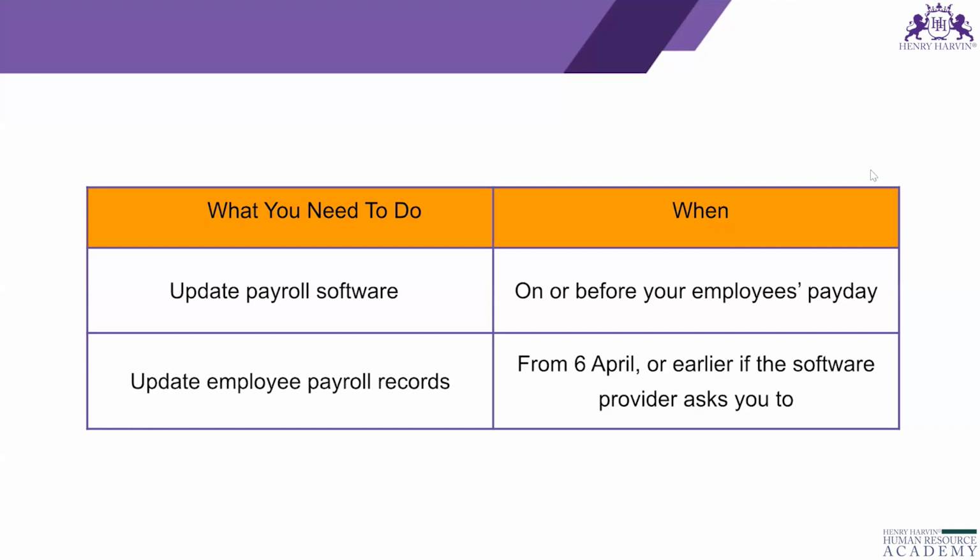If we do not upgrade the software and we do the payroll calculation, it will take the old rates, and the pay date will be late for us if you update the payroll software on the pay date. So you have to always ensure that you update before your payroll run. Not on 6th, it's fine, but at least during the payroll run, you have to upgrade it so that the new calculation is considered. And update employee records from 6th April or earlier if the software provider asks you, like the tax codes and all.